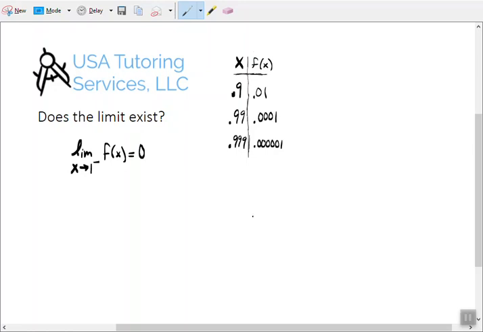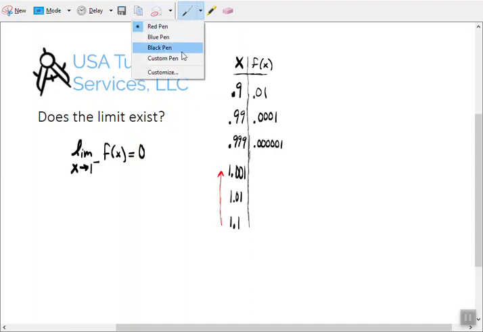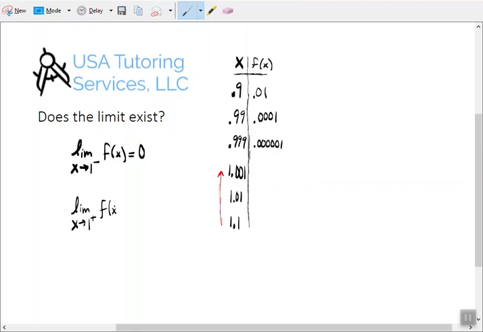All right, so let's say that the table continues and we have these x values. So these x values, 1.1, 1.01, and 1.001, and notice that I'm kind of reading them from bottom to top. So as we're going that direction, it should be pretty clear that this is actually the limit as x approaches 1 from the right-hand side of the function.